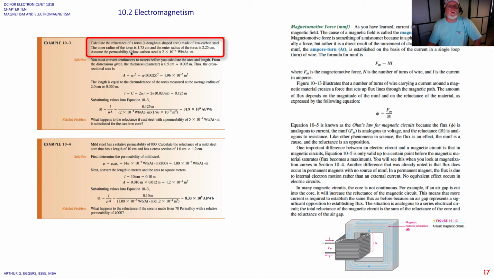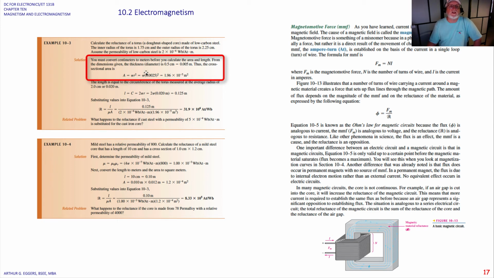Assume the permeability of low-carbon steel is 2 times 10 to the minus 4th Webers per ampere turn meters. First we must convert centimeters to meters, because we want SI units, before we calculate the area and length. From the dimensions given, the thickness, the diameter, is 1/2 centimeter or 5/1000ths of a meter.